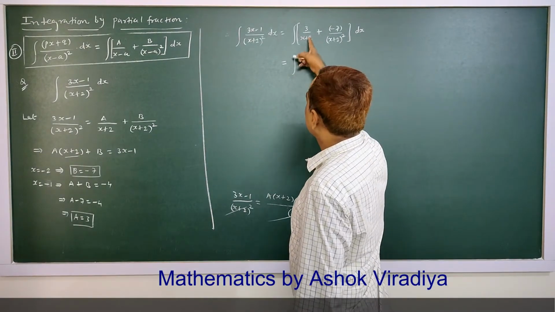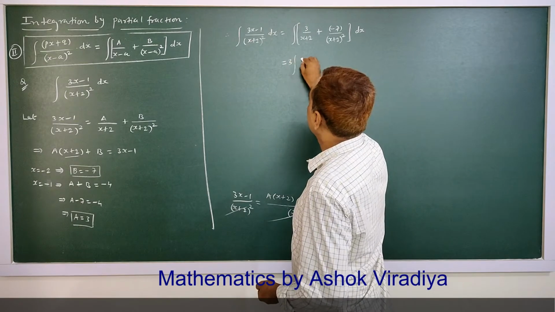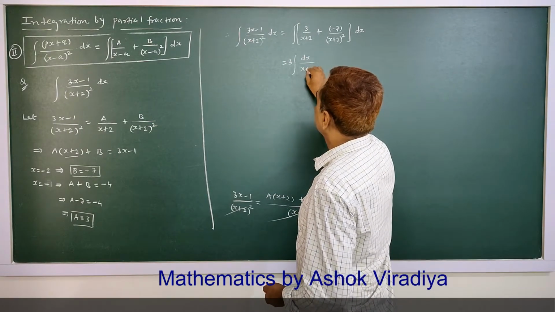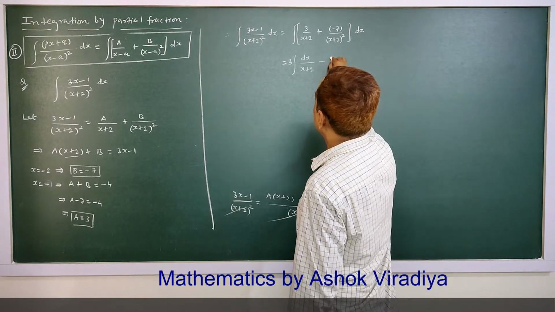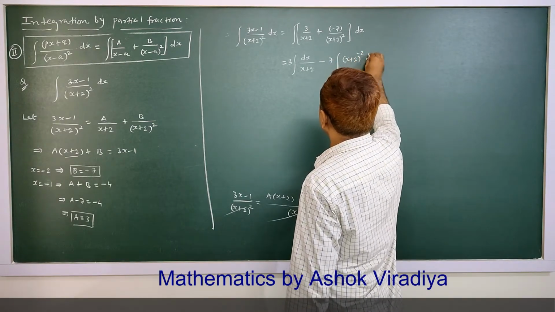That is, this can be written as 3 into dx upon x plus 2 minus 7 into x plus 2 raised to minus 2 dx.